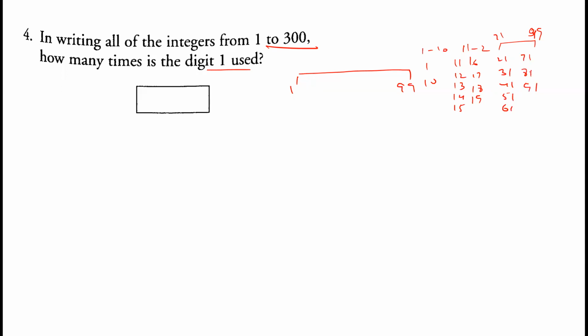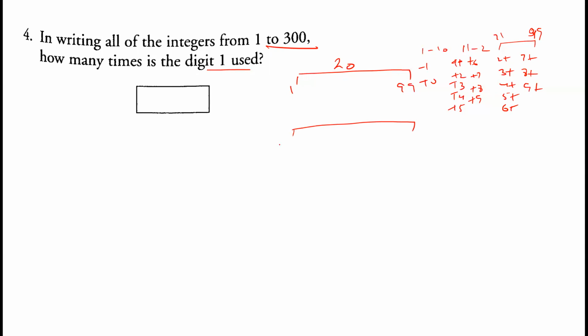In 11, 1 is coming twice. So counting them all, from 1 to 99, the digit 1 comes 20 times.